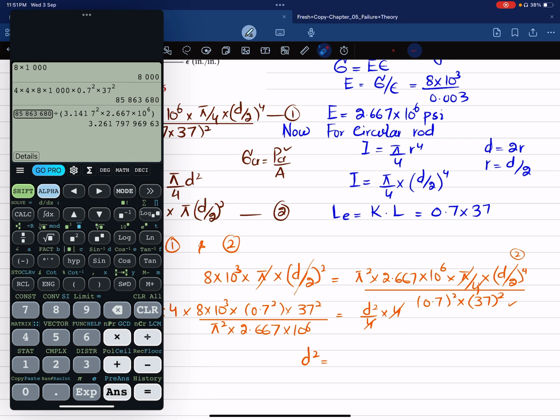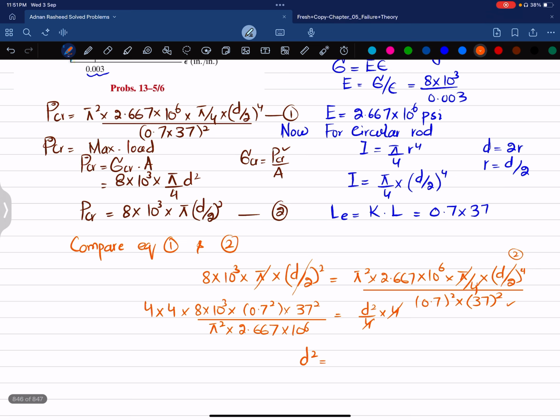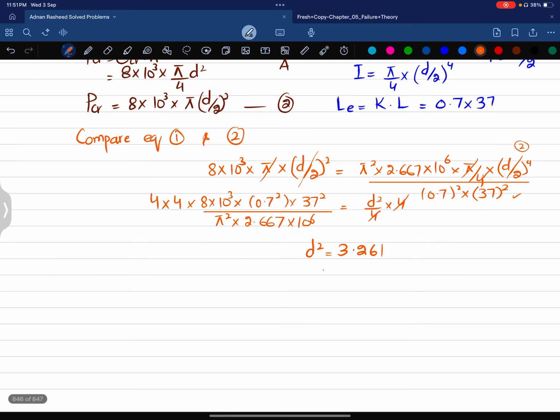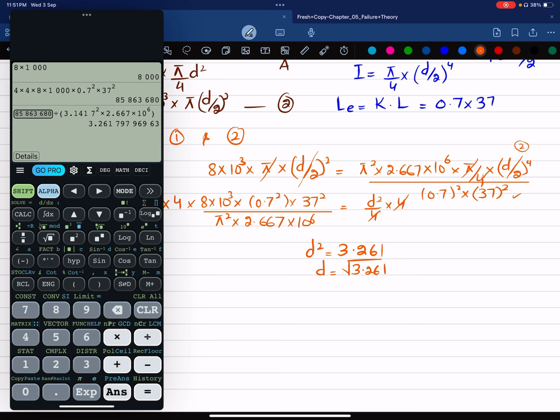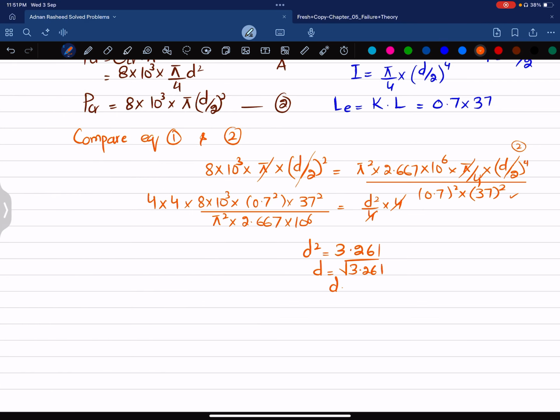Okay, that is d square is equal to 3.261. So from here d will be equal to the square root of 3.261, which gives 1.806. So d is equal to 1.806 inch, and if you round it off, d is equal to 1.81 inch.